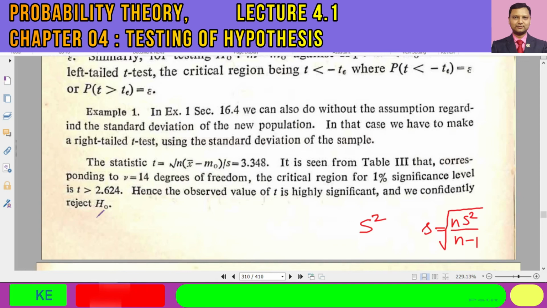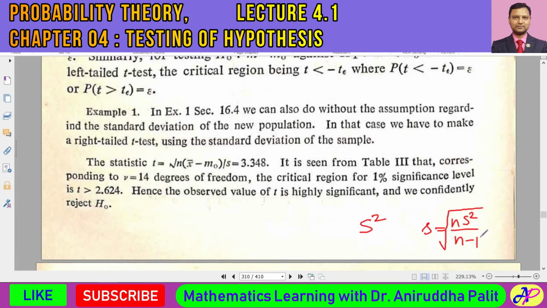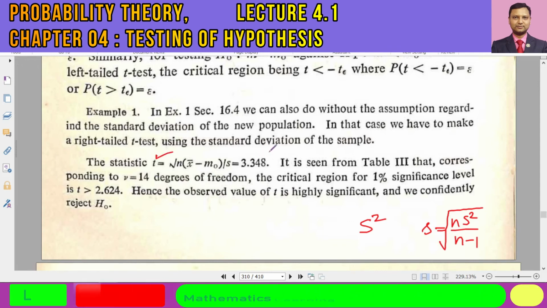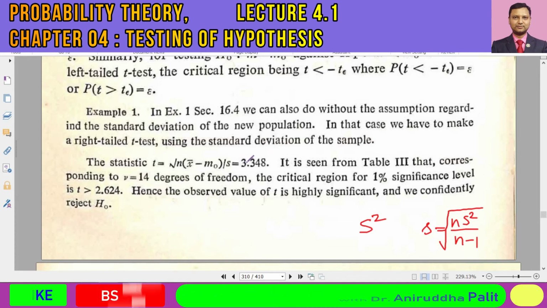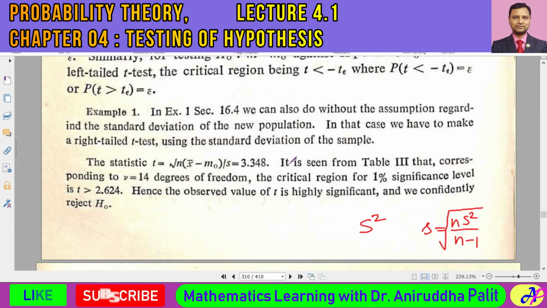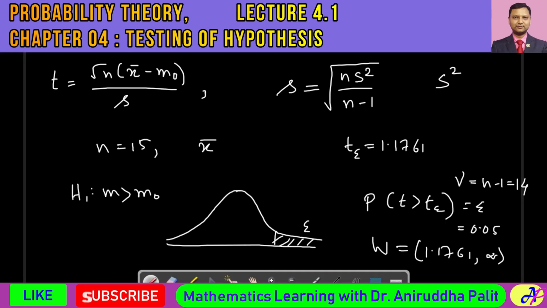Anyway, so that has to be provided. Now, by this type of value, what we got is that this value of t is equal to 3.348. So we got the value of this test statistic t, and what was the critical region?